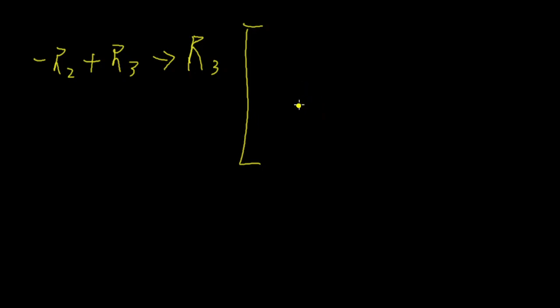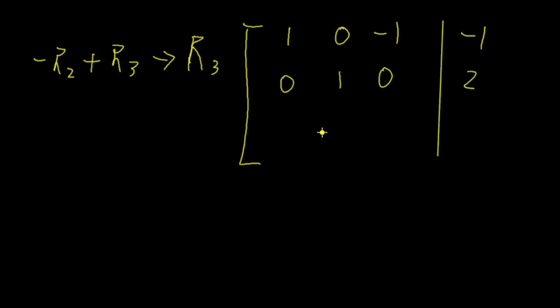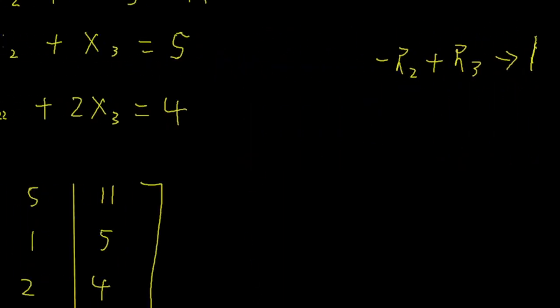So 1, 0, negative 1, and then 0, 1, 0. Oh, this one is negative 1. This one is 2, right? Okay, row 3, let's try. Negative 2. Negative row 2 plus row 3, replace with row 3.